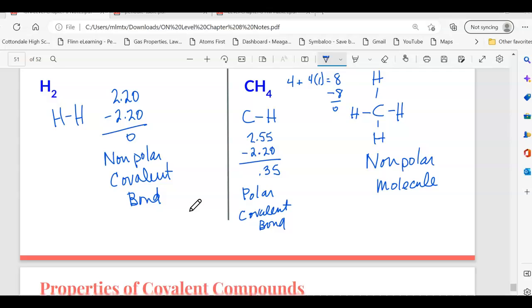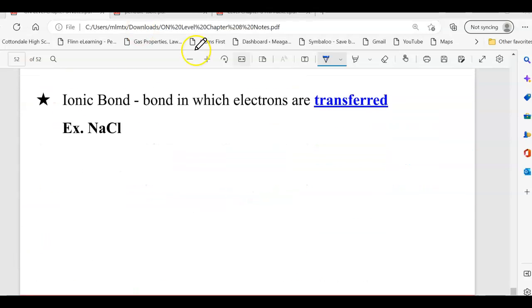So 3.16 minus 0.93 gives us 2.23. You can see that this is greater than 1.7, so this is definitely an ionic bond. And it should be, because this is a metal and this is a non-metal.